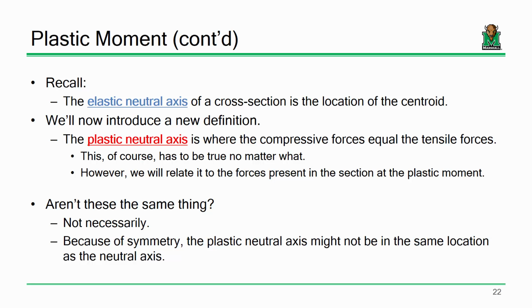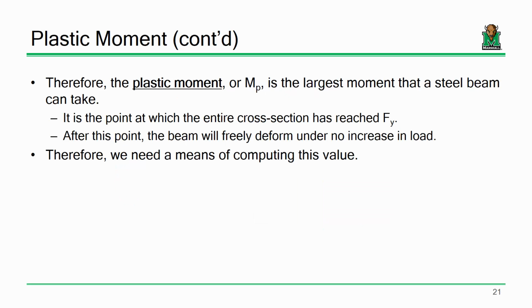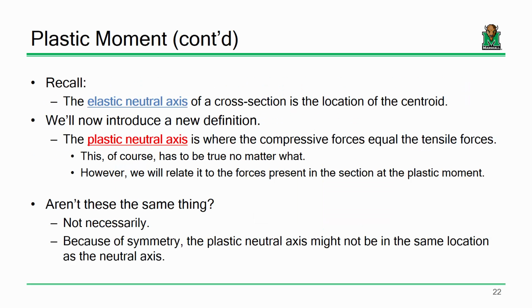I'm now going to introduce a new term called the plastic neutral axis. The plastic neutral axis is where all the plastic forces in compression equal all the plastic forces in tension. If you had reinforced concrete design, you probably remember doing something similar. You take a singly reinforced concrete beam and ask, what are my tensile forces?